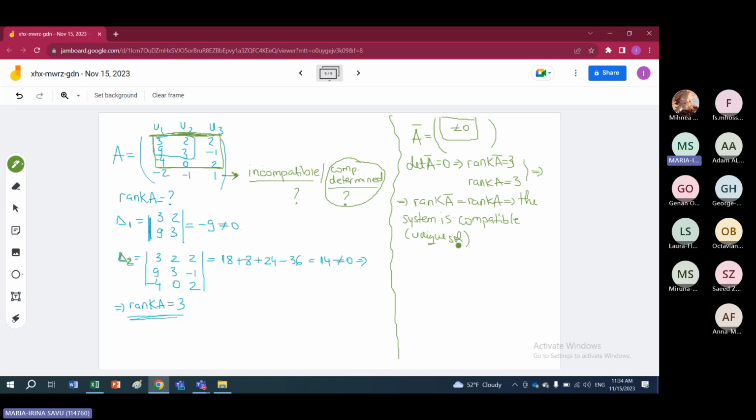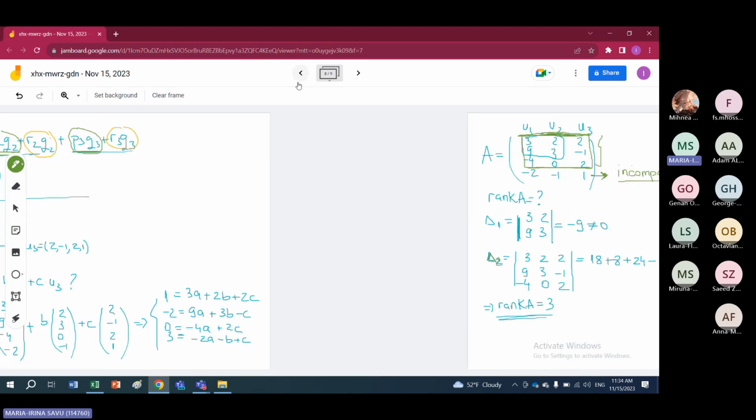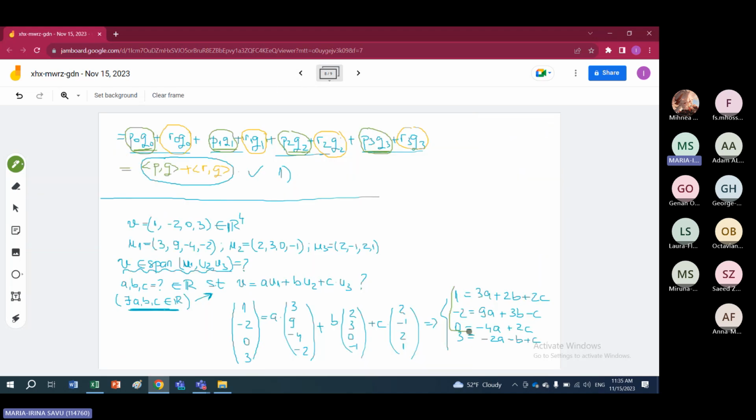Because in this case, you're taking a look at the system of 3 equations, and because the determinant that gives me the rank is formed with the first 3 equations, I take the first 3 equations, I cut the last equation, and I solve the system formed only with the first 3 equations.